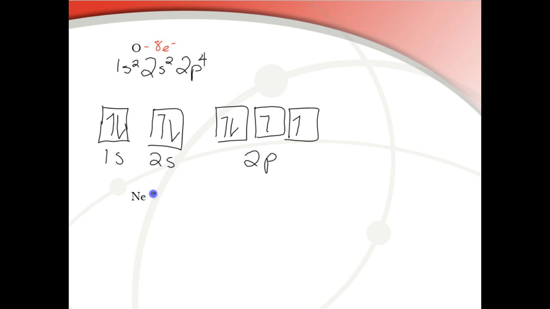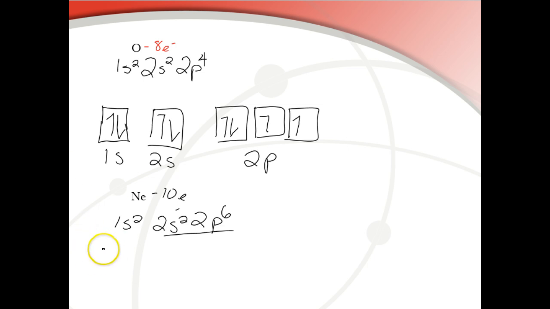Let's do neon with 10 electrons. 2 electrons, 4 electrons, and then 10 electrons, 2p6. Filled energy level. It's a noble gas, right? It's the noble gas right after oxygen, so it's got to have a filled energy level, and that's what we have.